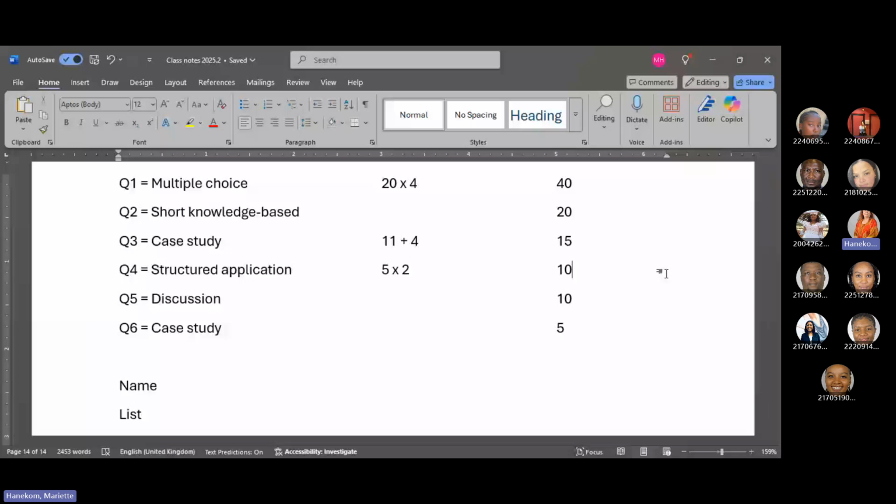When you do a case study that consists of sub-questions, read all the sub-questions before you start answering. Make sure that for each sub-question, you answer only what I have asked.